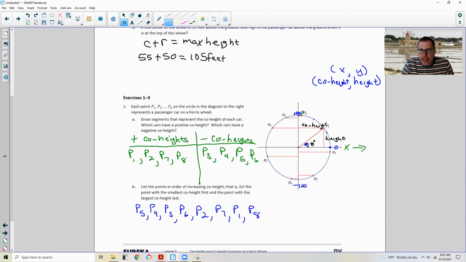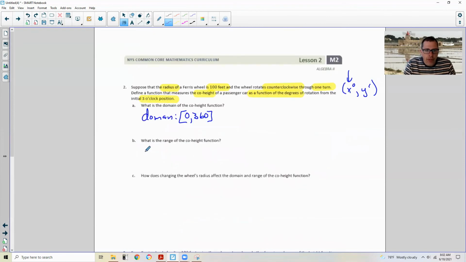So our range is from negative 100 to 100. So our range is negative 100 to positive 100 feet.